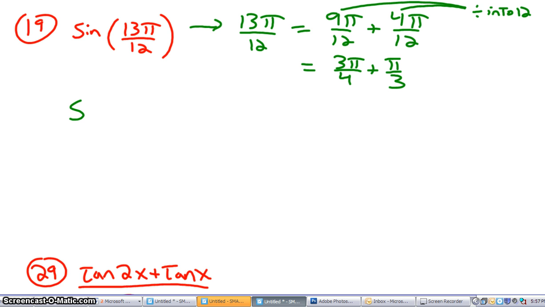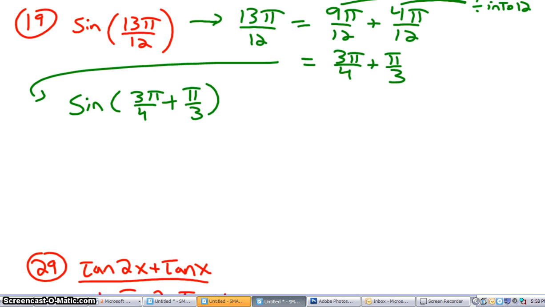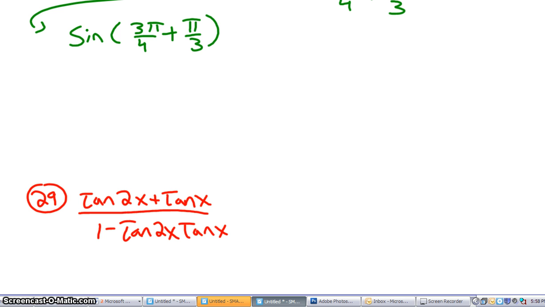So my new problem looks like this. Sine of 3 pi over 4 plus pi over 3. Starting this for you in the first step, we're going to then get an equivalent function of sine 3 pi over 4 times our cosine pi over 3.